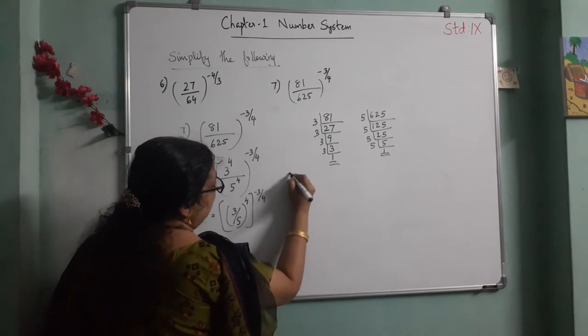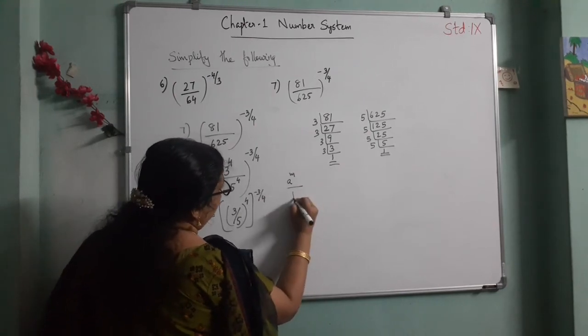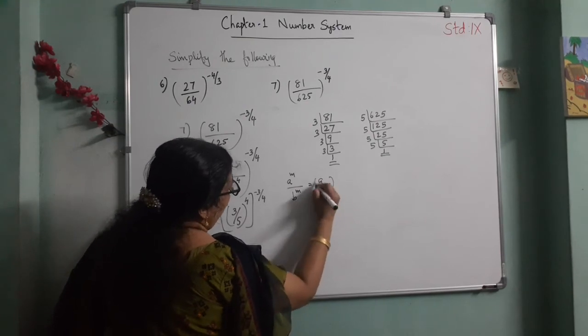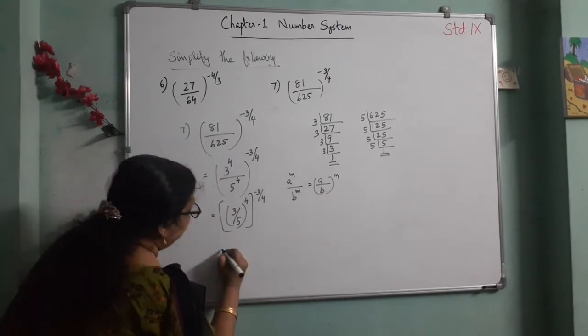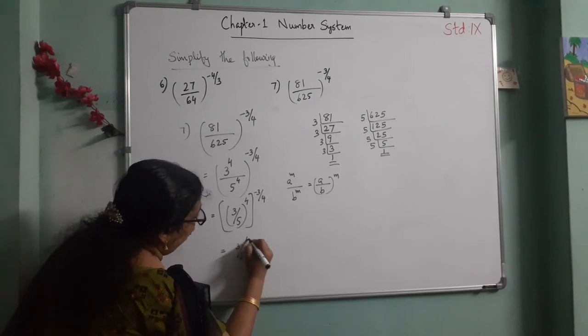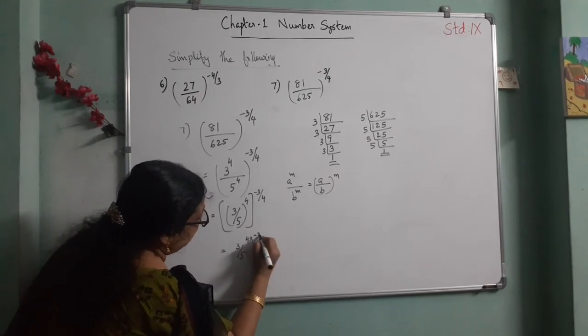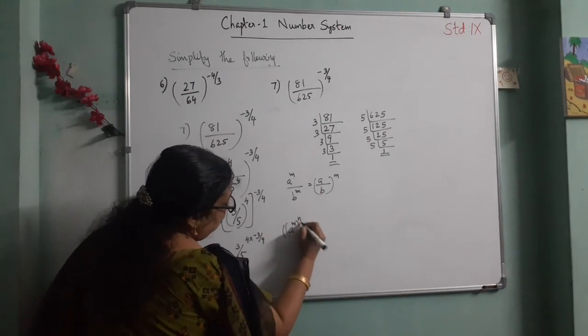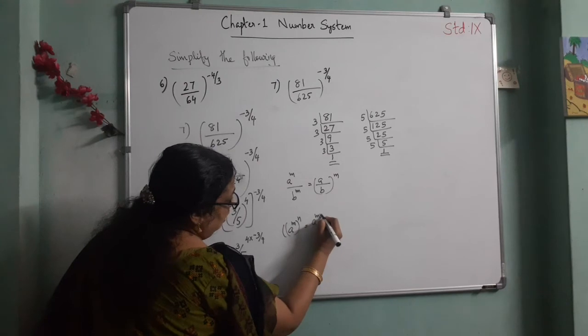That is a raised to m by b raised to m is equal to (a/b) the whole raised to m. Then here (3/5) the whole raised to 4 into minus 3 by 4. That is (a raised to m) the whole raised to n is equal to a raised to m into n.